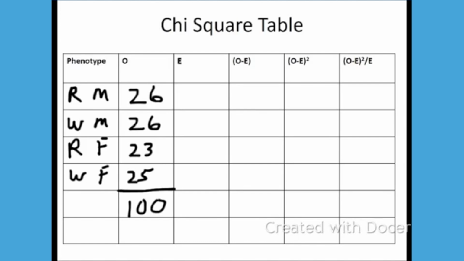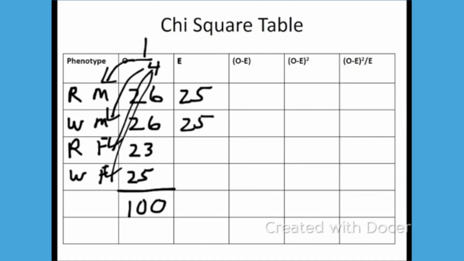Now to get the expected numbers, remember that our F2 Punnett square a minute ago told us that we should get 1/4 this, 1/4 this, 1/4 this, and 1/4 this. So we're going to take 1/4 of 100 to get the expected numbers for each one of these. 1/4 of 100 is 25. So we're expecting 25 of each phenotype.